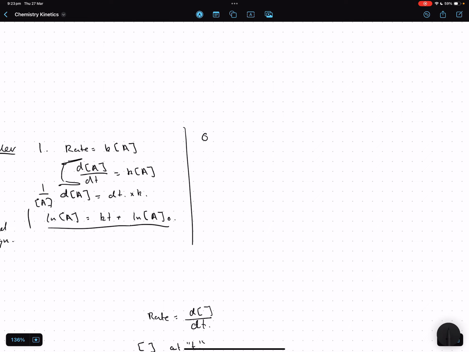If we look at zeroth order, the rate equation looks like this. Sorry, it's not ln. Because of the way it integrates, the concentration of A is equal to kt. Actually, let's do the integration just for integration's sake.